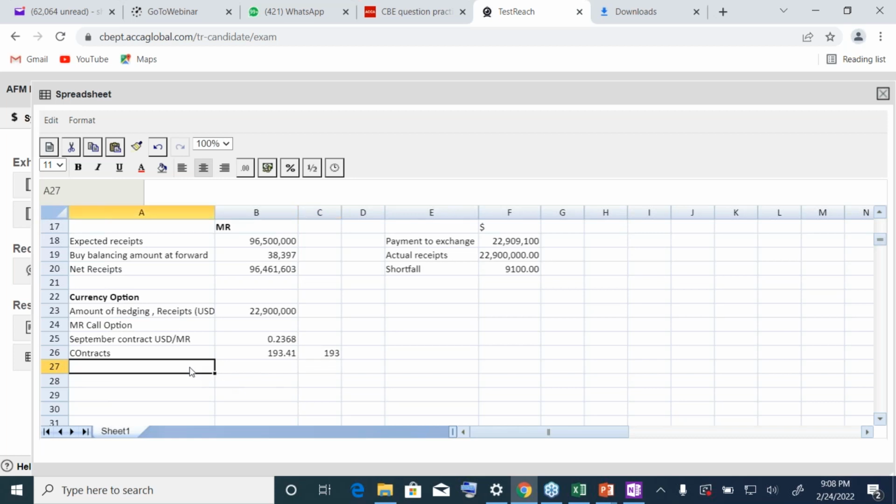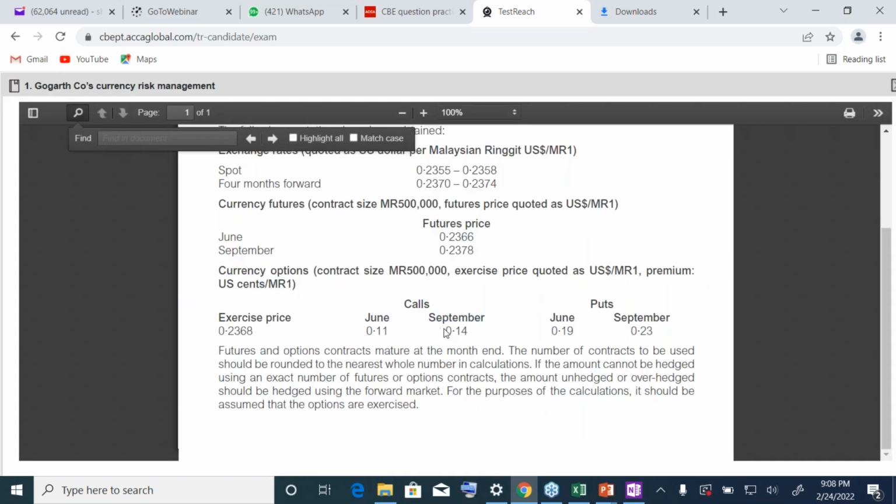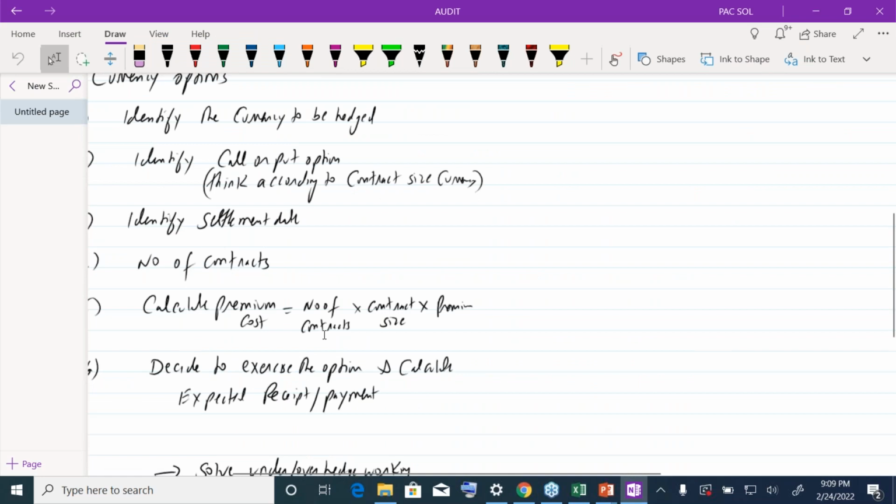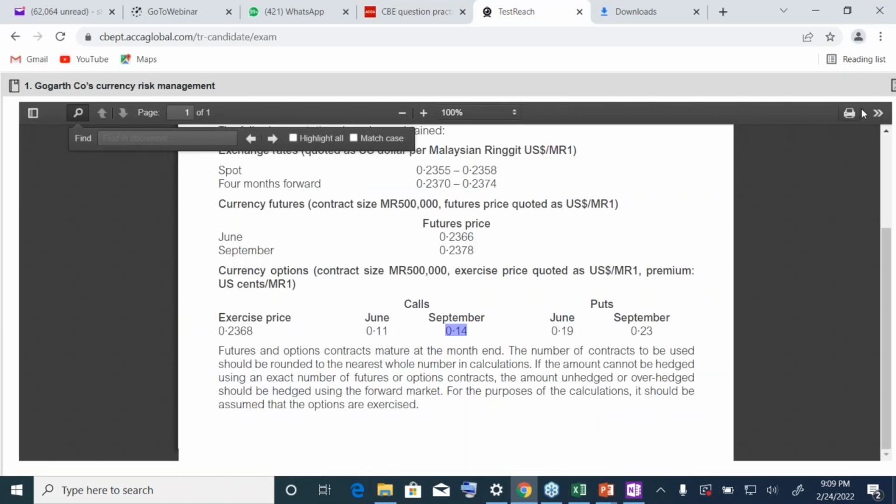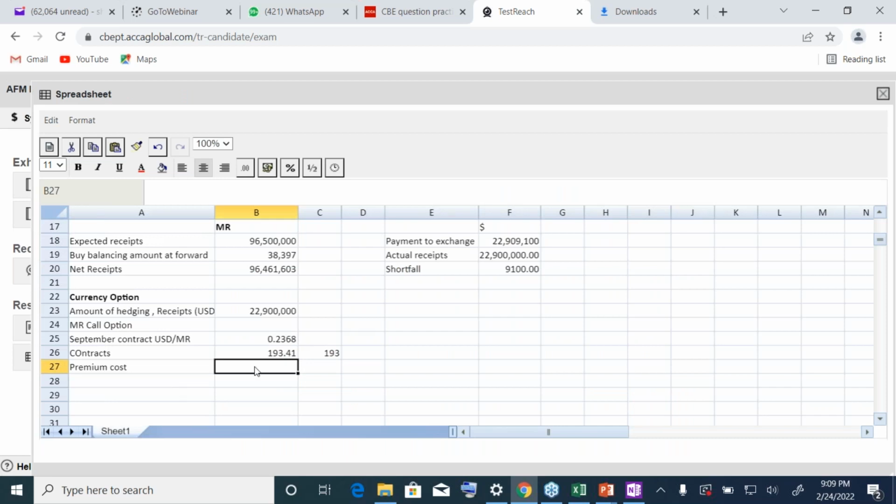Okay. Next is premium. Premium cost. The premium of the September contract is 0.14, and it is given in cents over MR. The formula is number of contracts into contract size into premium: 193 into 500,000 into 0.14 over 100, which is 135,100.